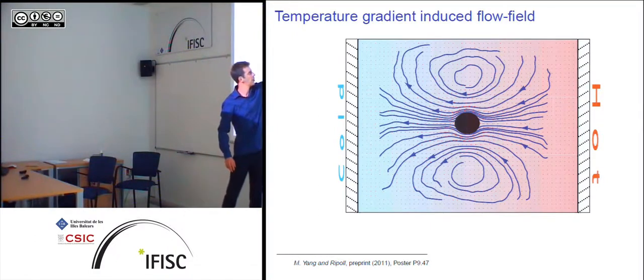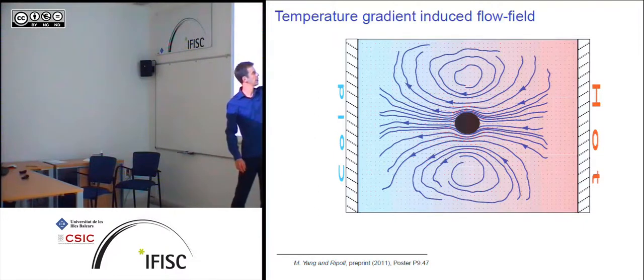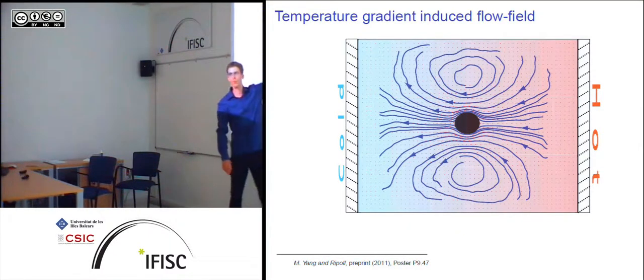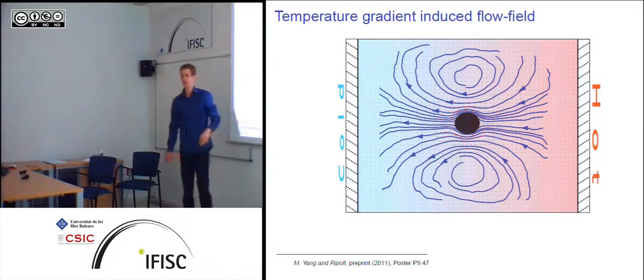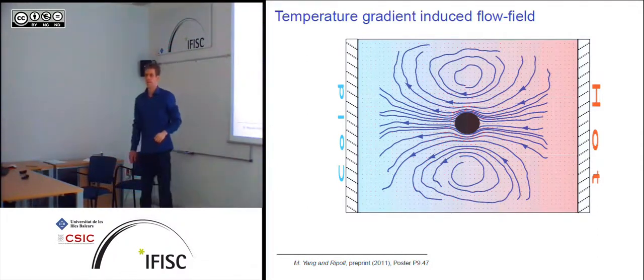The force that is put on the colloid also puts a force on the solvent, which then moves around the colloid in a kind of convective motion, and that could explain that.